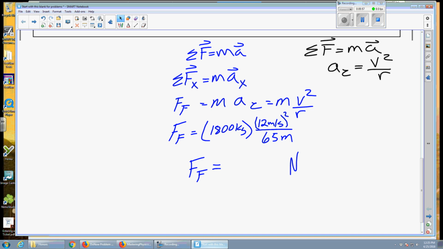So hopefully, since it doesn't skid, we know that the frictional force can be as large as the force needed for it to go around the circle. If we didn't know that it didn't skid, maybe this force would be larger than the frictional force, and that's when you skid. But we're pretty sure, so you can do the math. Any questions on this one before we move on? Excellent.